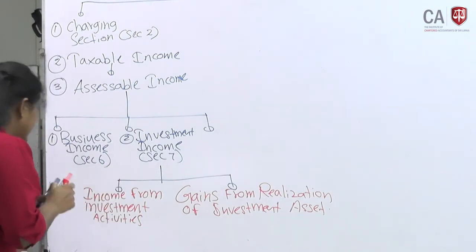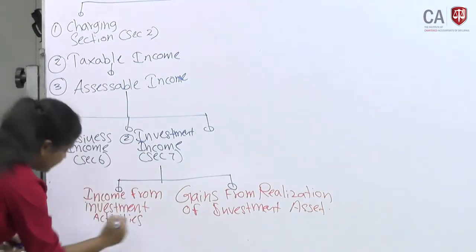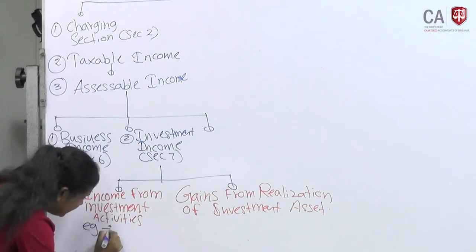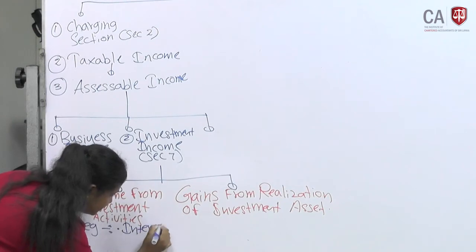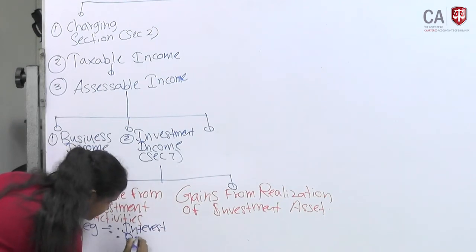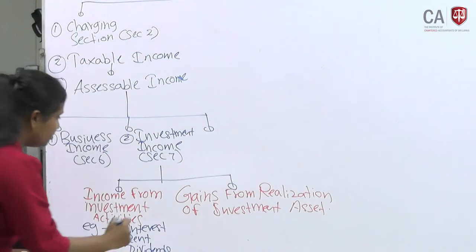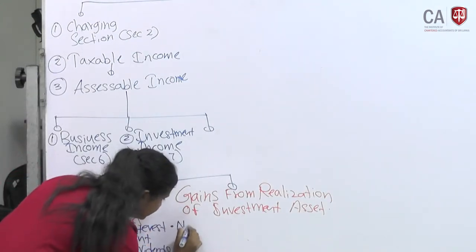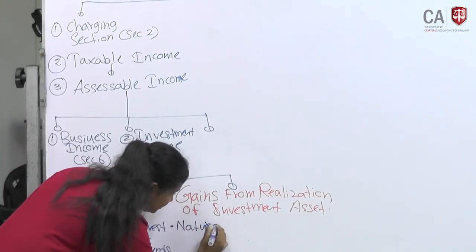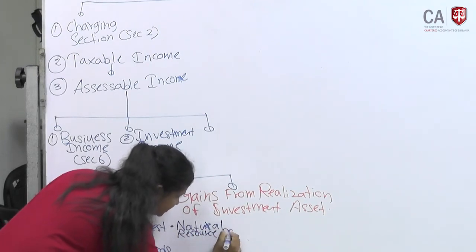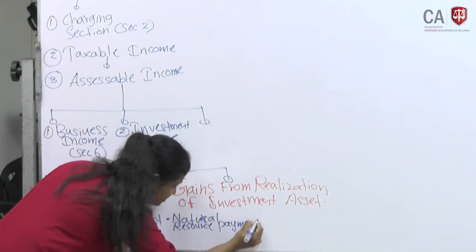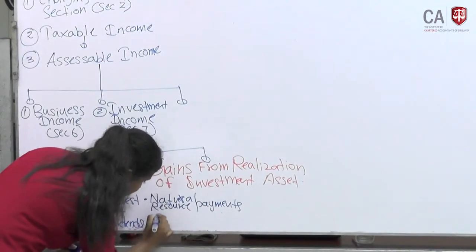Then, what is income from investment activities? Examples I am taking: interest, rent, dividends, income from natural resource payments, then premiums.